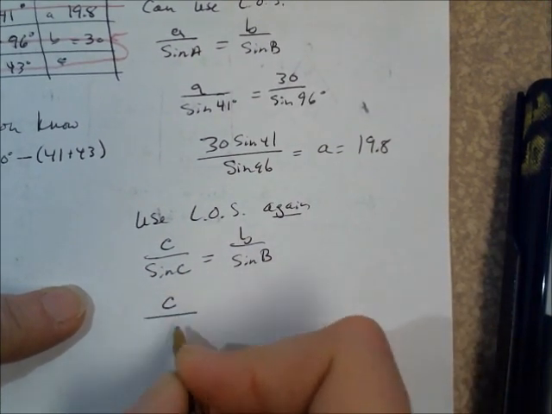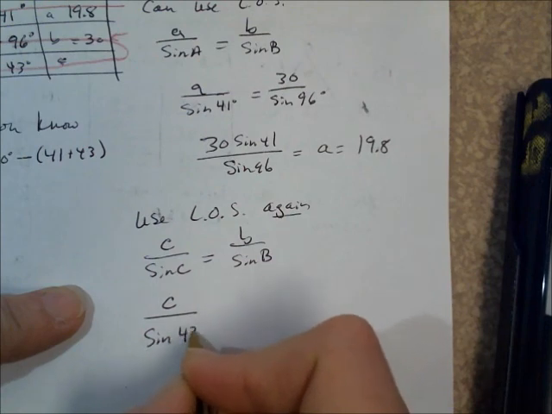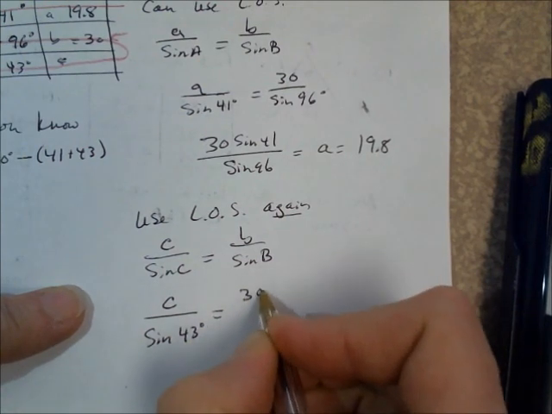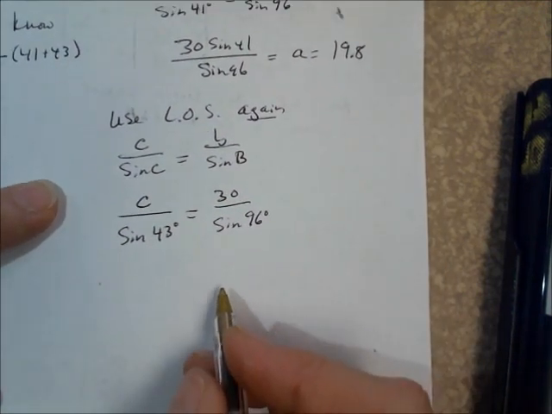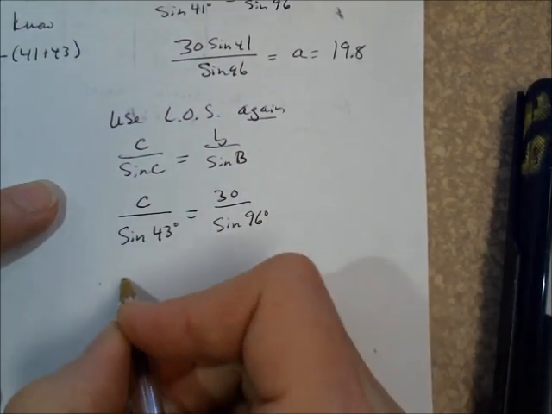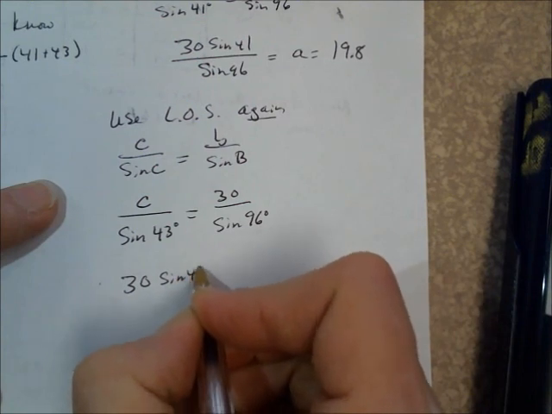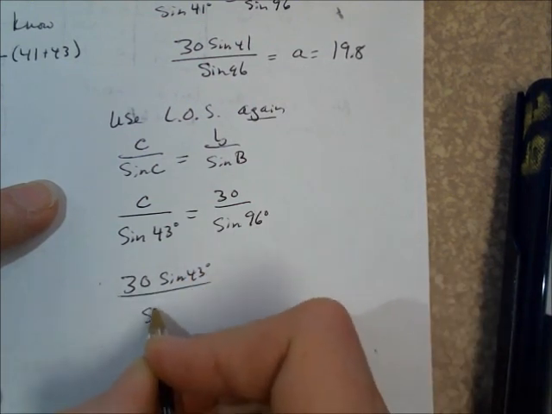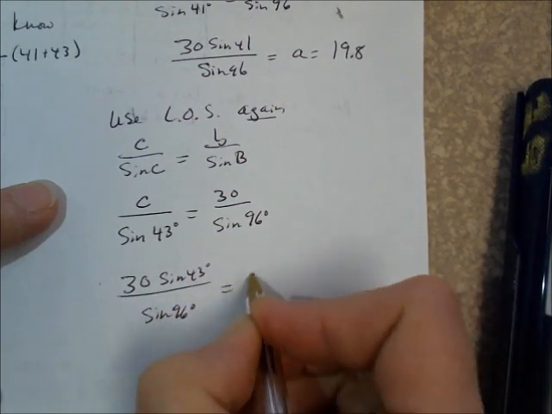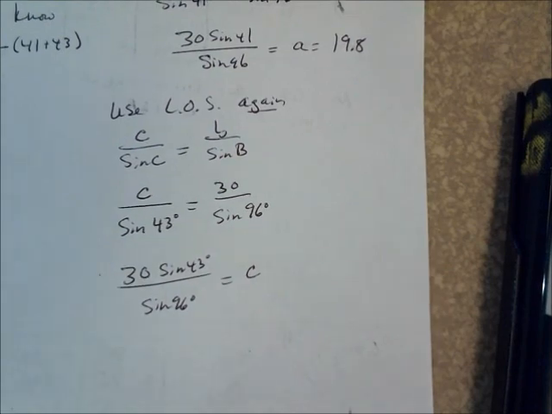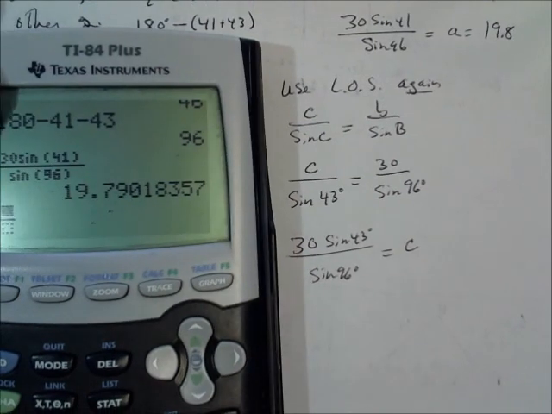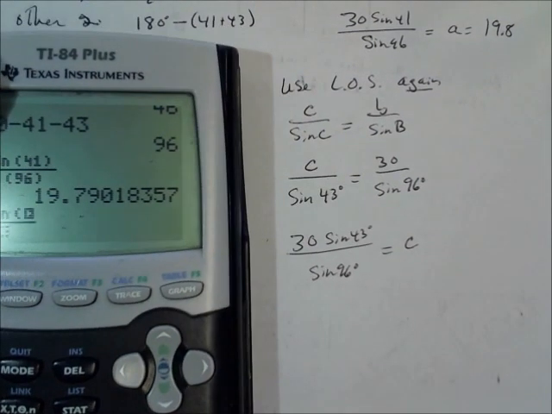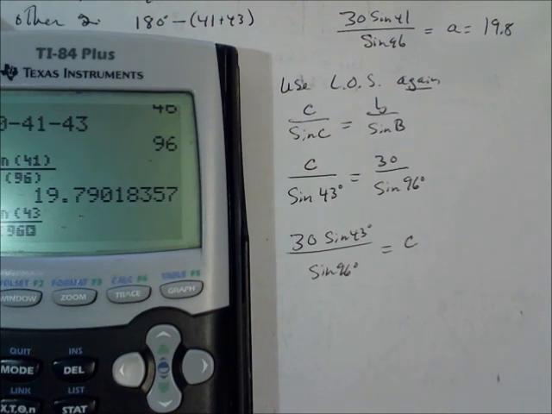So we don't know little c, but angle C is 43 degrees, B is 30, and angle B is 96 degrees. So if you cross multiply, 30 times the sine of 43 divided by the sine of 96, that's equal to C. So we'll pull out our calculator, and 30 sine of 43 divided by the sine of 96.